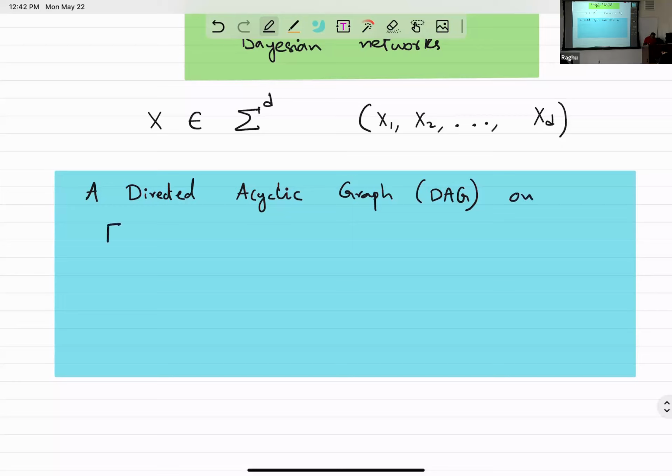On D vertices, the number of features, many vertices. Okay, so we are given a directed acyclic graph G on D vertices, and we will say a distribution with D features is a Bayesian network.